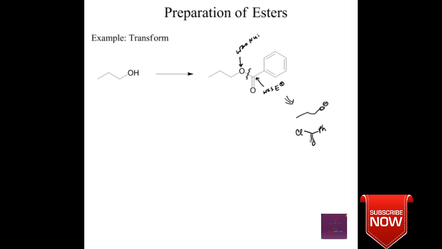If I had a good leaving group there, then this could do an addition elimination, and I would retain my carbonyl. So this looks like a straightforward acylation reaction. I just would use benzoyl chloride, an acid chloride, and some base, maybe like pyridine. And I would do addition elimination, and the pyridine would be there to react with the HCl byproduct.